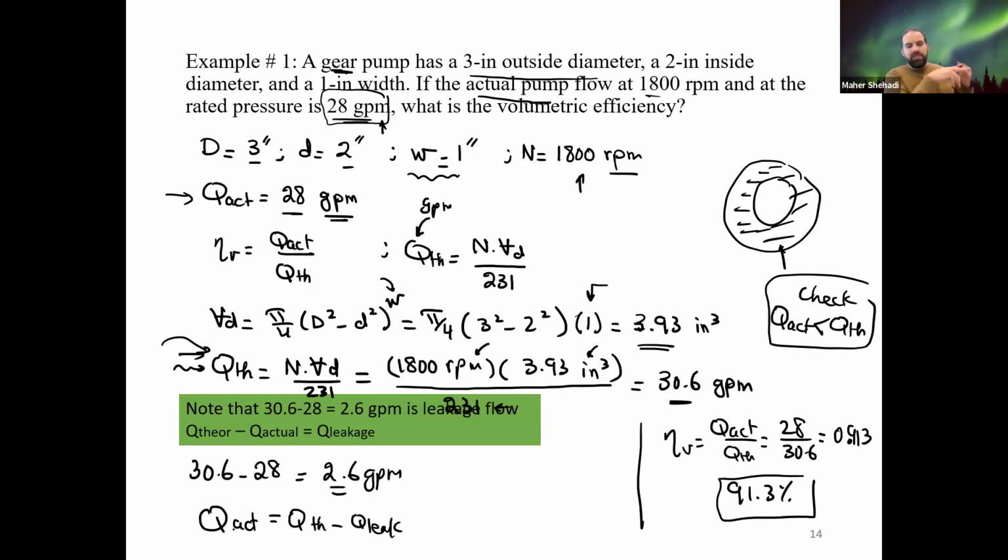Or they will give you the actual flow rate and the leakage flow rate, so you will have to say the actual plus how much it leaks. That's the theoretical value, because you might be missing, let's say, the displaced volume, V sub D, and you can't calculate the theoretical value without it.